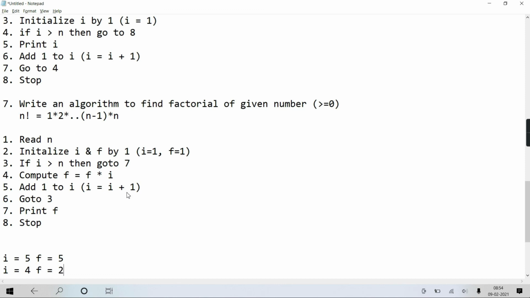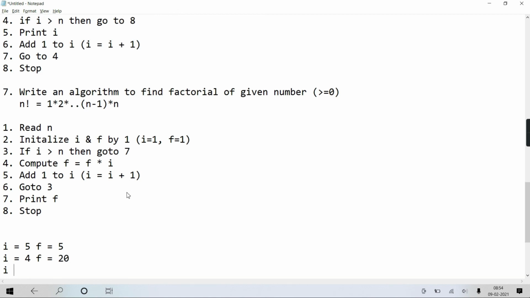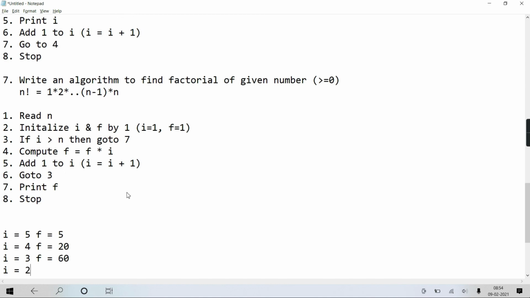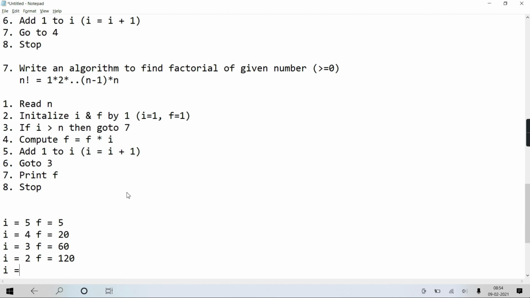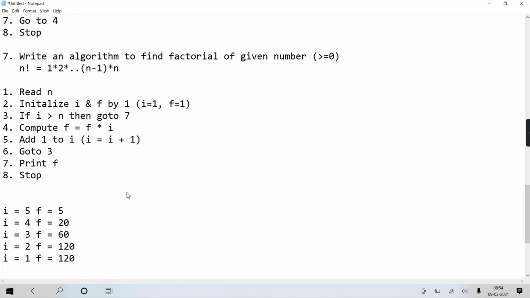Then this will become 20, and I will become 3. Then this will become 60, and I will become 2. Then this will become 120, and I will become 1. Again, this will become 120, and I will become 0. And the moment I becomes 0, you have to stop. So someone may do the reverse way also.